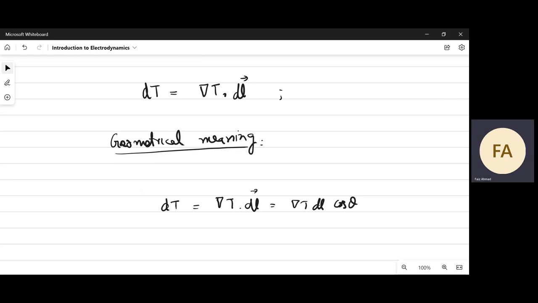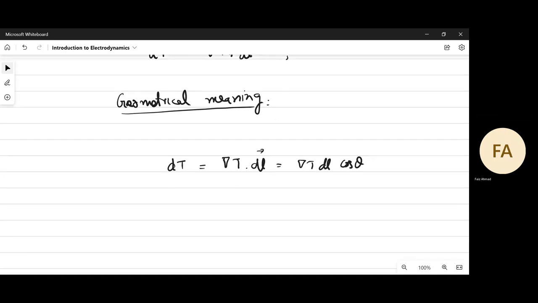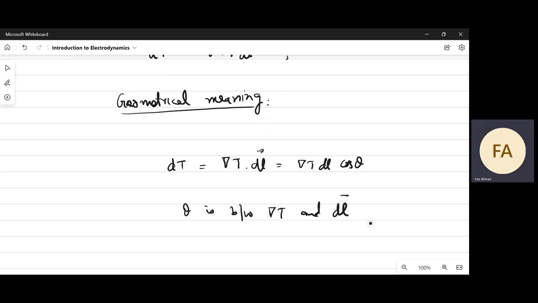Here theta is the angle between delta T, which is the gradient, and the length element dl, both of which are vector quantities.